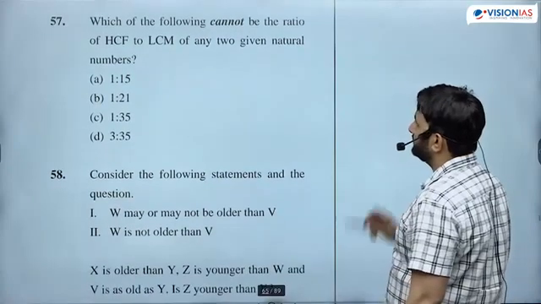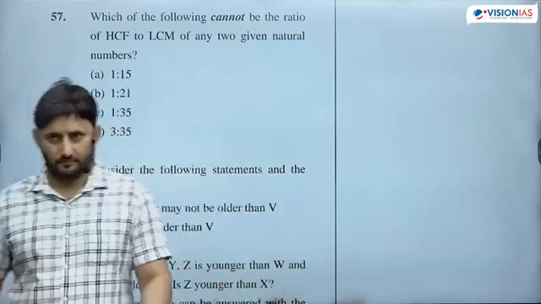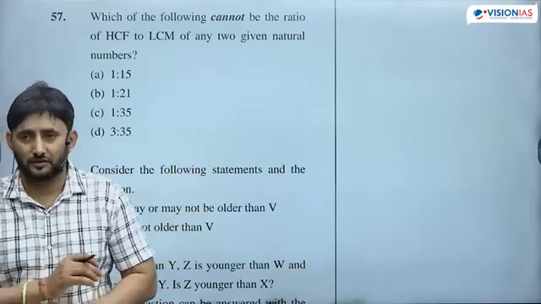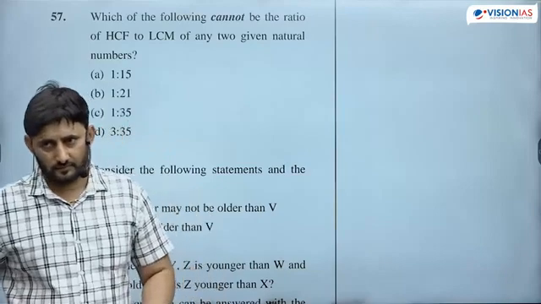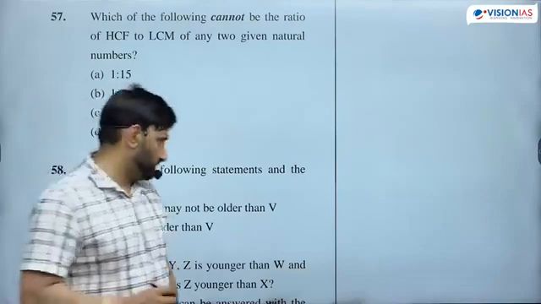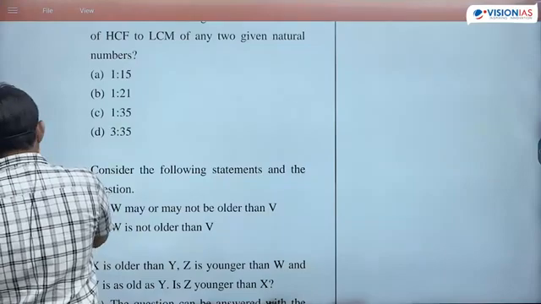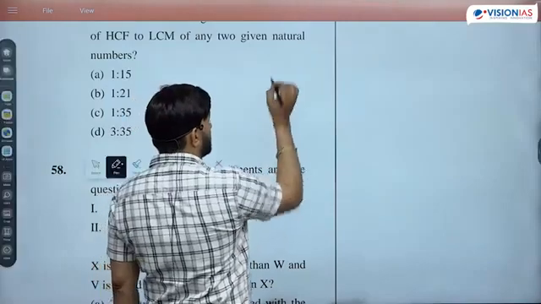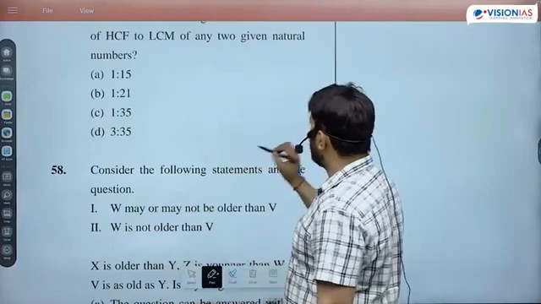Yes, write it down. If the HCF of two numbers is H, there is a theory related to this, a concept, children. If the HCF of two numbers is H, then the numbers will be AH and BH, and their LCM will be ABH.